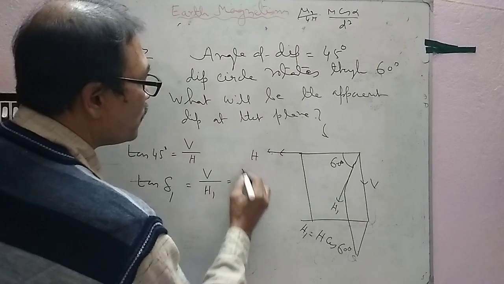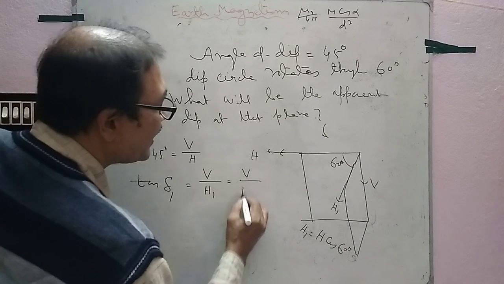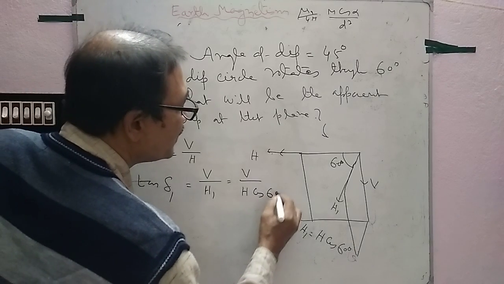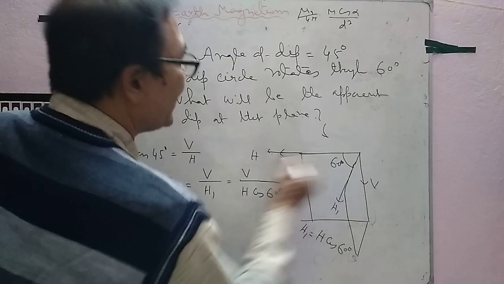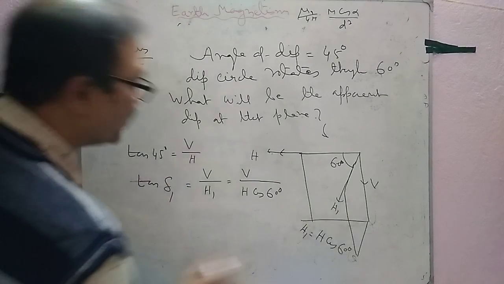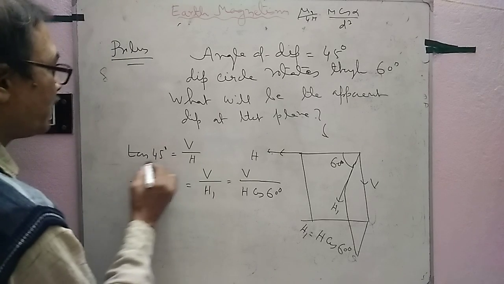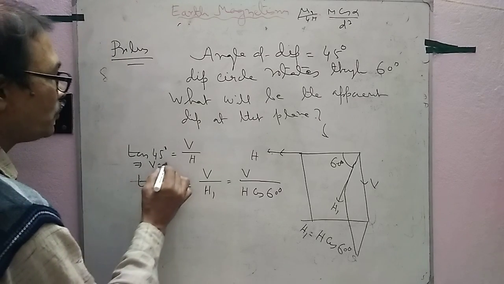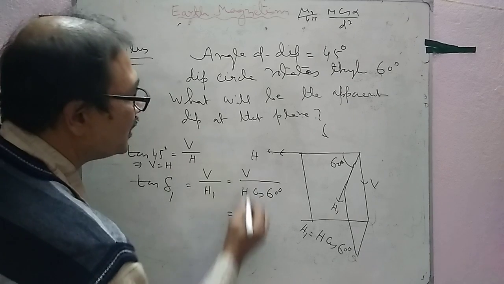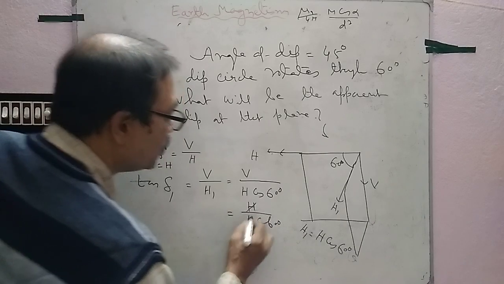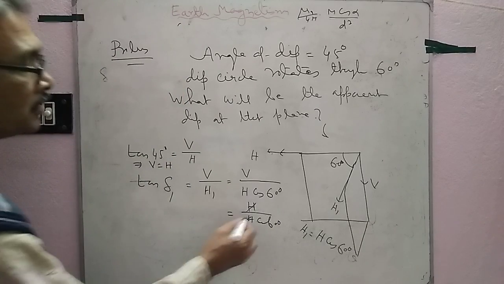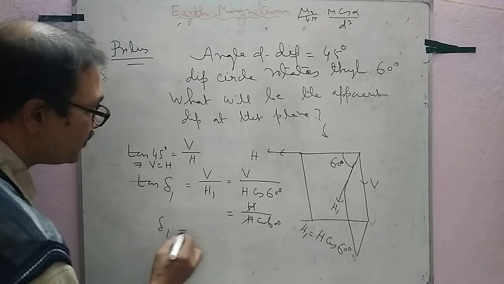So V by H1, H1 equal to H cos of 60 degree. Follow, this is the H. So this is H cos 60 degree. Putting the value from this equation V equal to H, so this is H by H cos 60 degree. Putting the value of 60 degree, you will get the value of sigma 1. Clear?